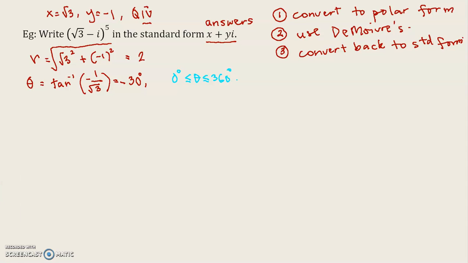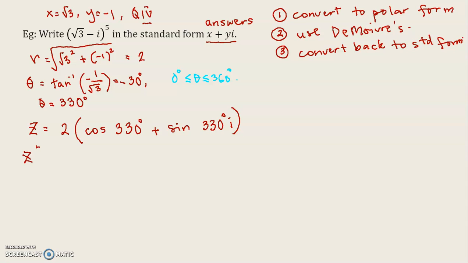So please make sure we use the correct angle, which is 330. So the complex number is cos 330 plus sine 330i.